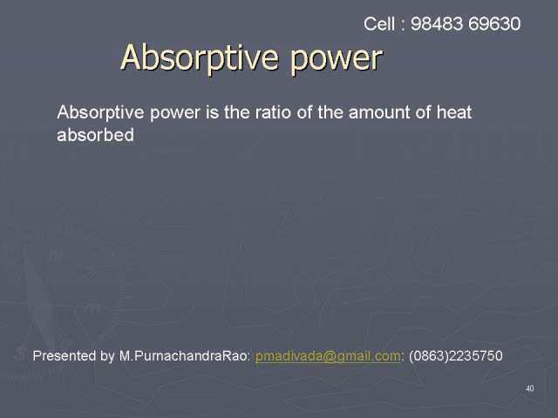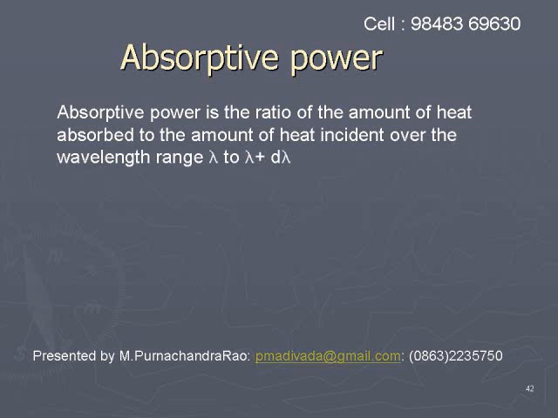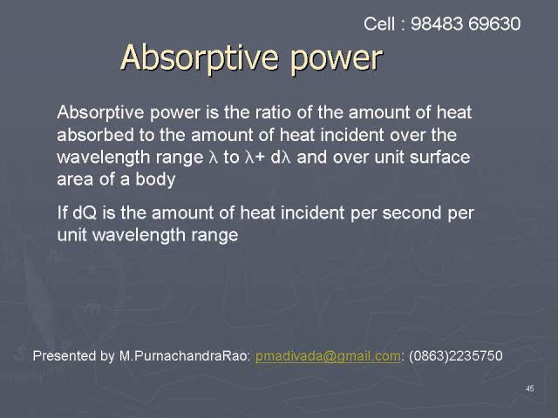Absorptive power of a body is the ratio of the amount of heat absorbed to the amount of heat incident over the wavelength range lambda to lambda plus d lambda and over unit surface area of the body.